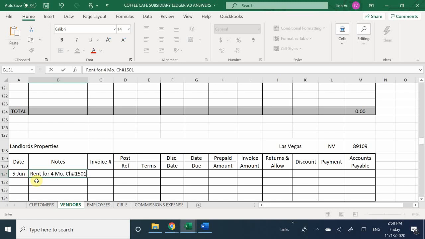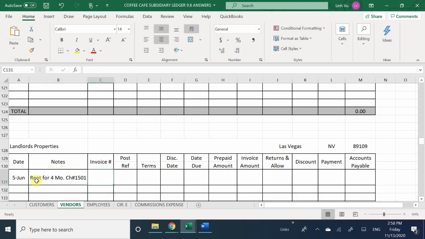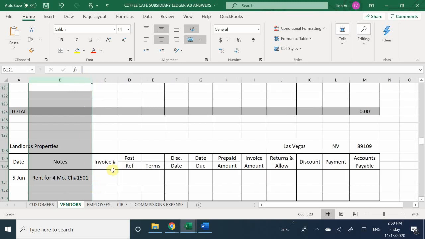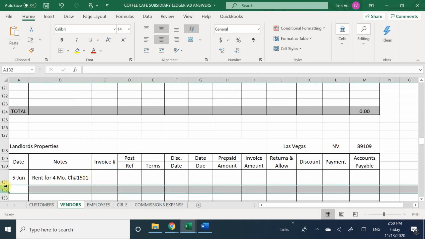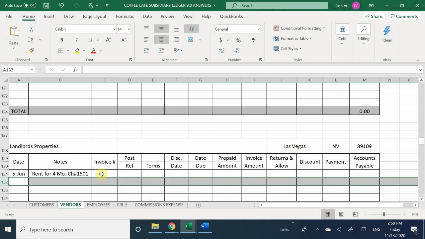You paid for 4 months of rent. Invoice, all right? In this case, most contracts or most things that you write out, they don't really have a number. You know, some do, like a contract number. But in this case, I don't have one. So you don't have to worry about this unless we are given specific directions, for example, for those specific transactions, if there is a number or not.